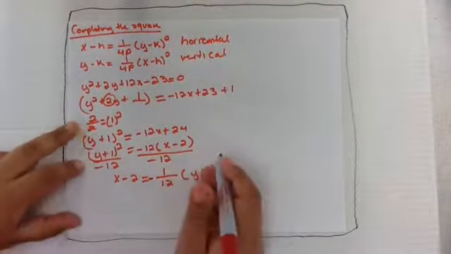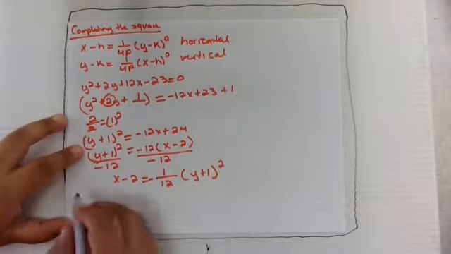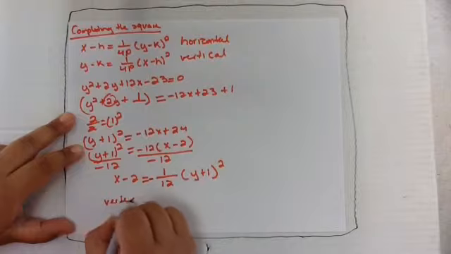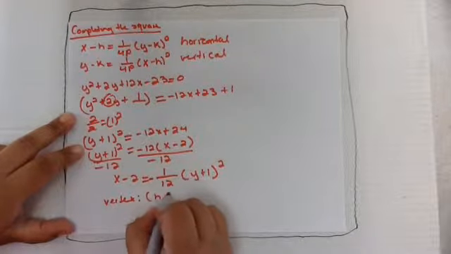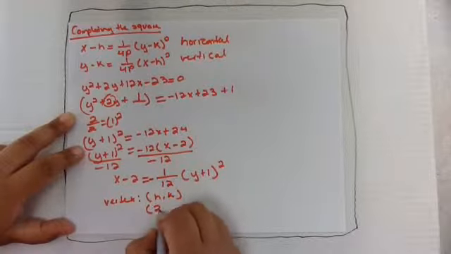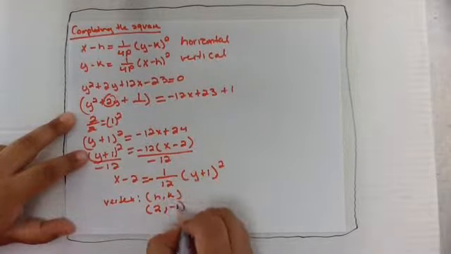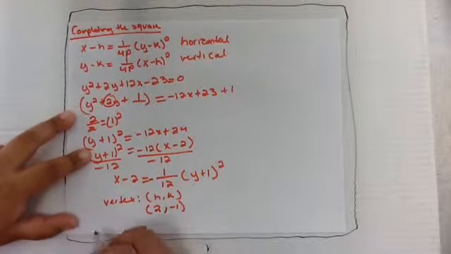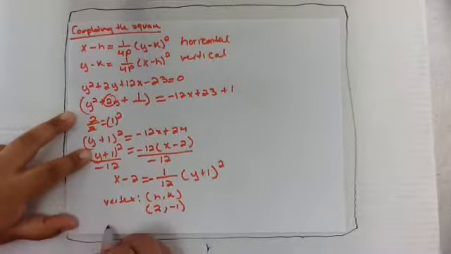So from here, we can find the vertex. Our vertex is at h and k, so it's going to be at 2 and negative 1. We can also find our p.